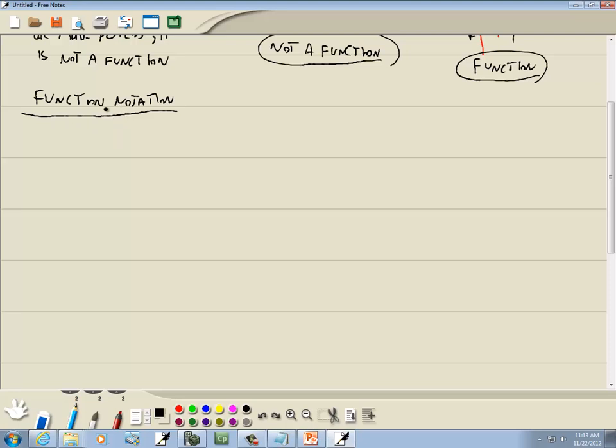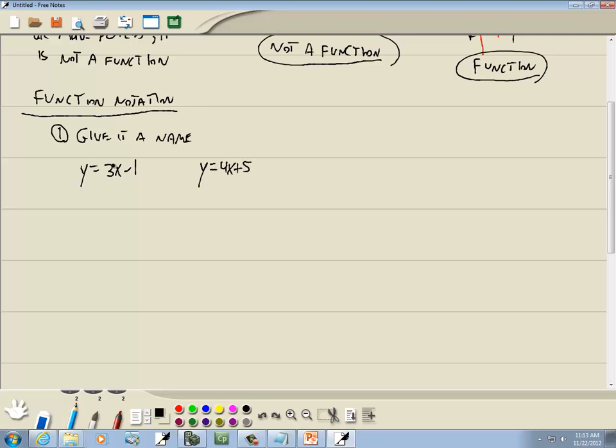Turkey. Function notation. This has two purposes. One is to give it a name. For example, we have y is equal to 3x minus 1, and we have y is equal to 4x plus 5.